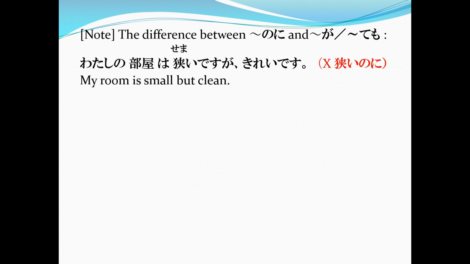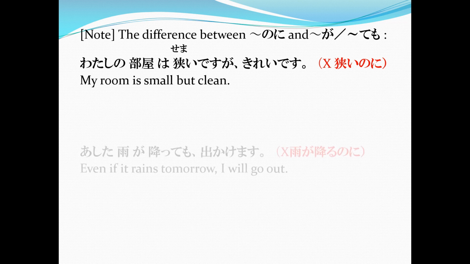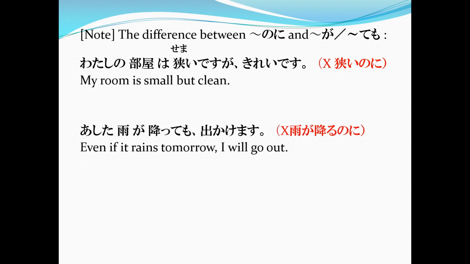Now let's take a look at the difference between using temo and noni. 明日雨が降っても出かけます. Again, 明日雨が降っても出かけます. Even if it rains tomorrow, I will go out.